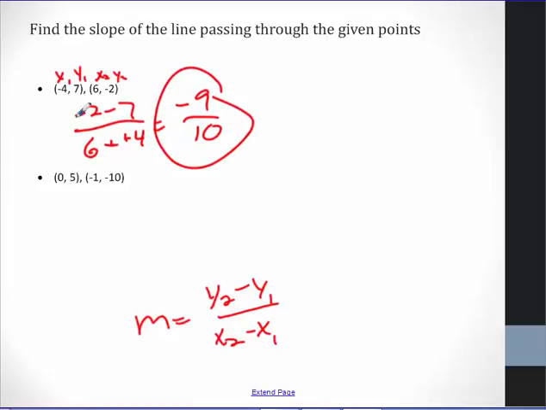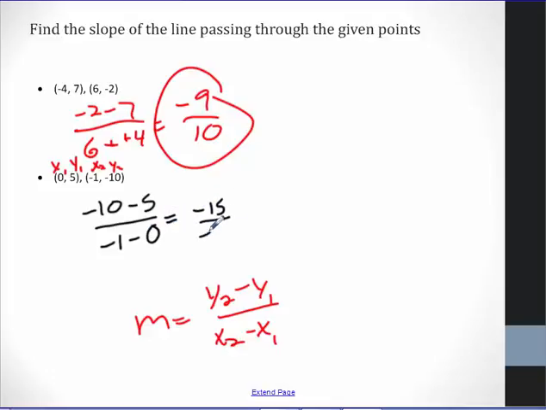Down here on the second one, let's do the same naming system. We got negative 10 minus 5 over negative 1 minus 0, so negative 15 over negative 1. 2 negatives make that a positive.